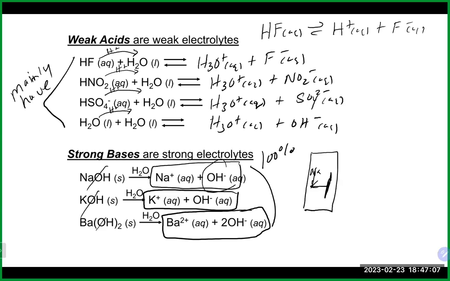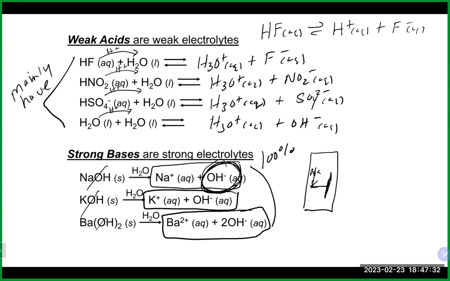That is why they are considered a strong base, because as soon as they go for a swim, they will produce a lot of OH minus really quickly, which means the pH should go up, right? More OH minus, less H plus, pH goes up. And again, that's why they are considered strong bases, because they 100% dissociate.